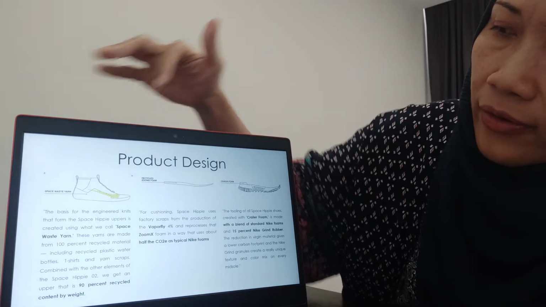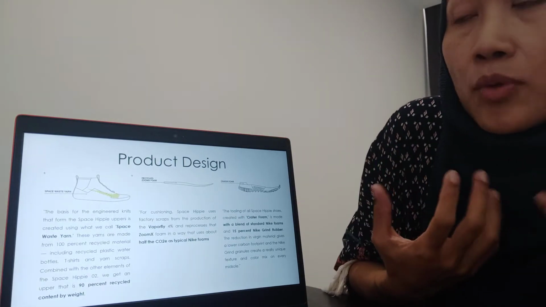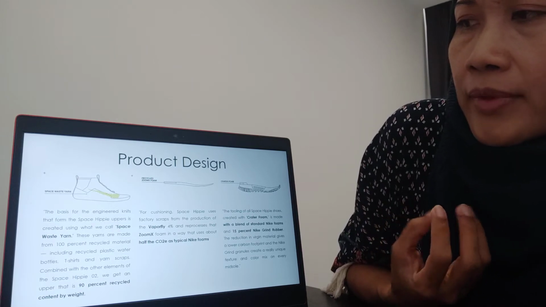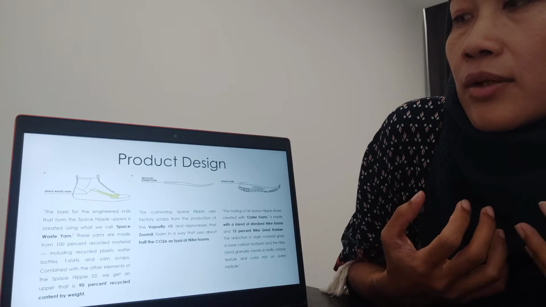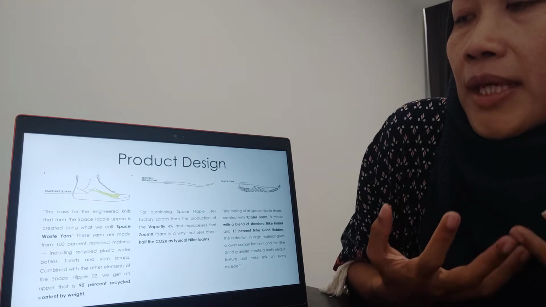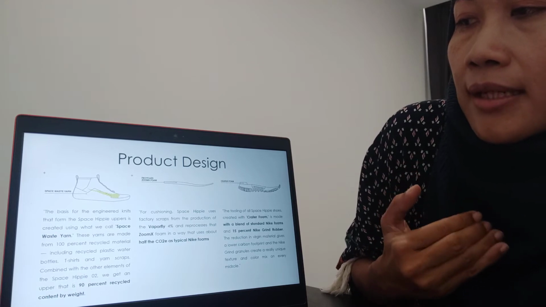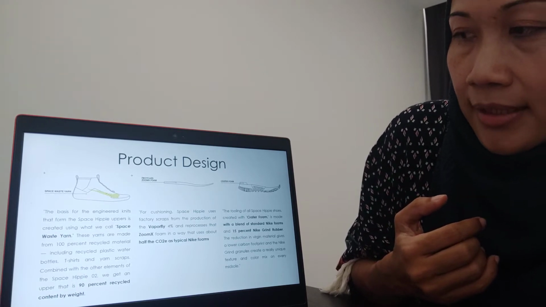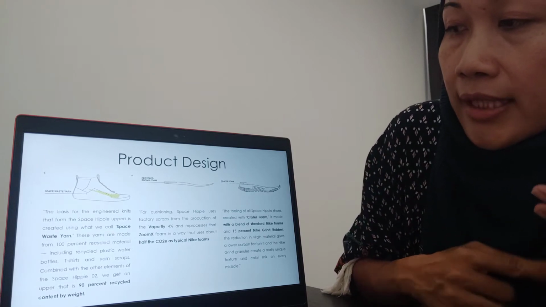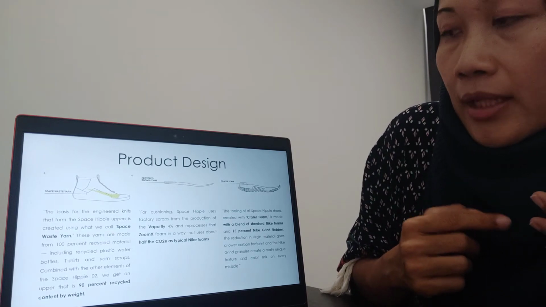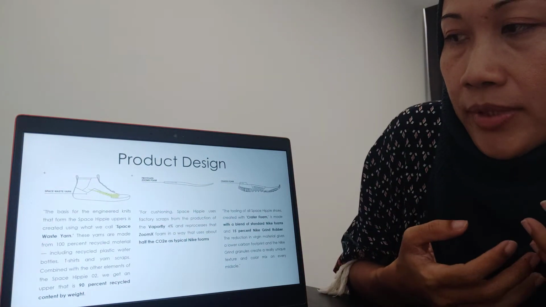The basis of engineering of these shoes, the model itself, needs the Space Hippie upper crater using what they call space waste yarn. These space yarns are made of 100% recycled material, which includes recycled plastic, water bottles, t-shirts, and yarn scraps.